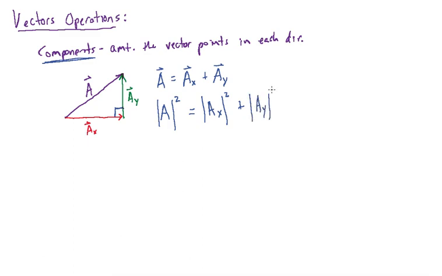If this looks somewhat familiar, this is the very common Pythagorean theorem for right triangles. C squared equals A squared plus B squared.